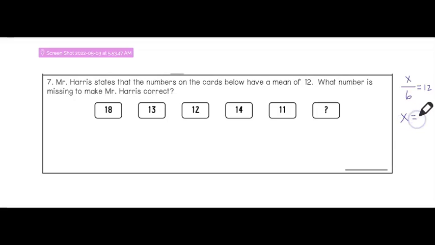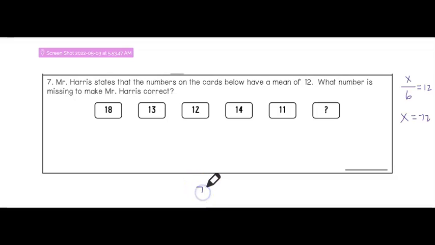And that's the sum. 72 is the total of all of these 6 cards. So if we add up the first 5, we get 18 plus 13 plus 12 plus 14 plus 11, which is 68. And we know the total sum is 72.